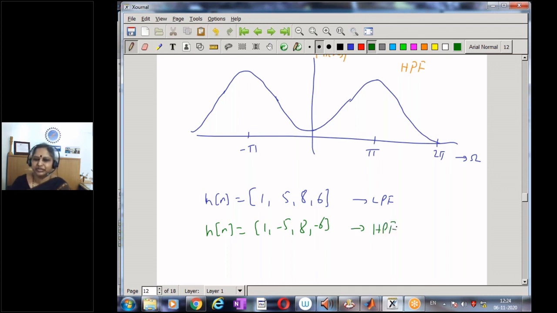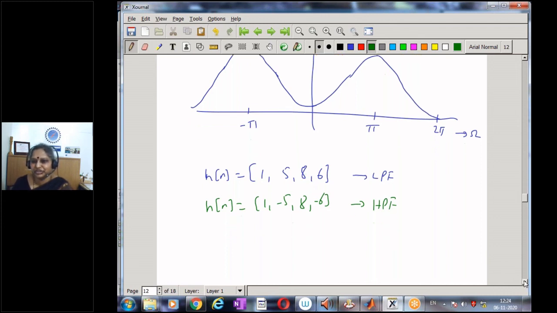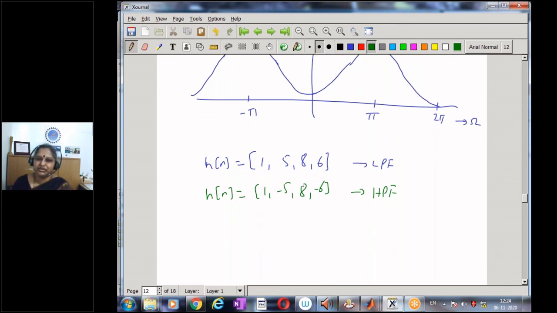So design of filters, discrete time systems or digital filters is as simple as designing the right coefficients of the impulse response or the right coefficients of the difference equation, and we will have systems with different frequency properties or stability properties.